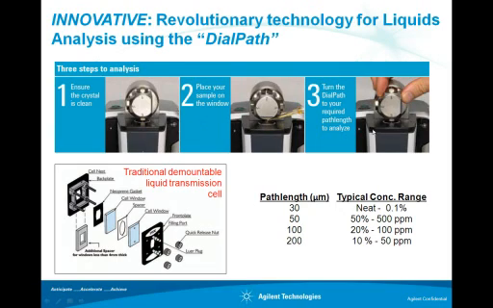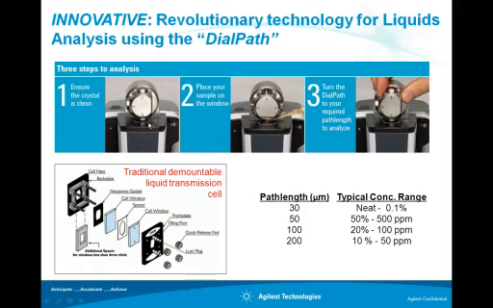All of this has been replaced by a simple three-step procedure using the new DialPath, which, if you can see on the top picture there, has positions 1, 2, 3 on the dial. Each one of these positions has a different but fixed path length, and the path lengths can range anywhere from as little as 30 microns, which is perfect for neat solutions, all the way up to 200 microns for your lower level analytes.